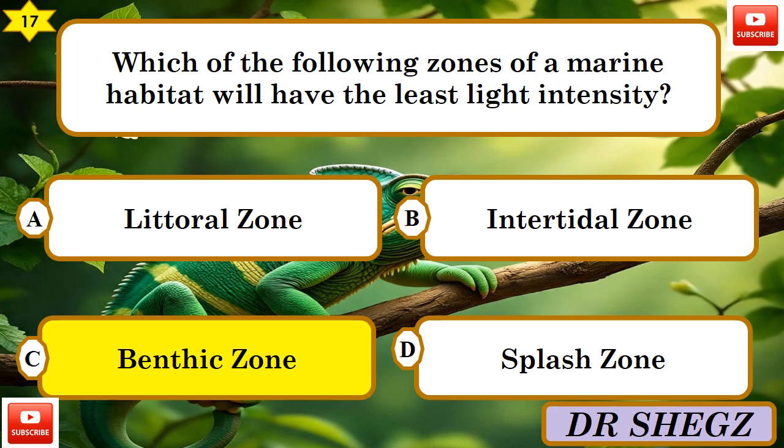The splash zone, the intertidal zone, the littoral zone, then the benthic zone before the abyssal and hadal zone. So, of the ones given here, the benthic zone will have the least light intensity. The splash zone will have the most light intensity. So the answer here is benthic zone.